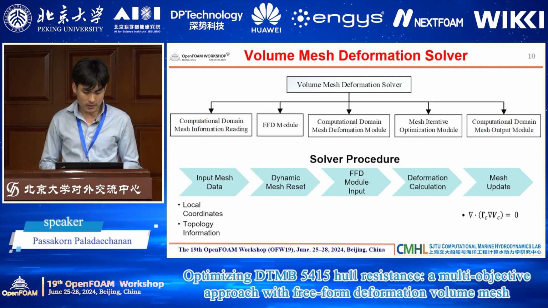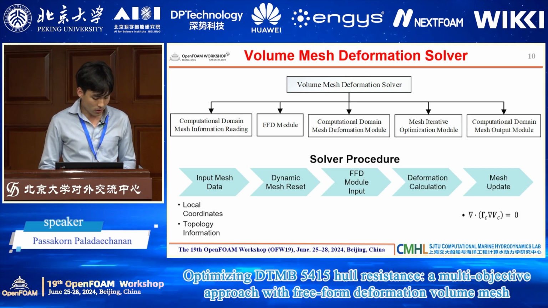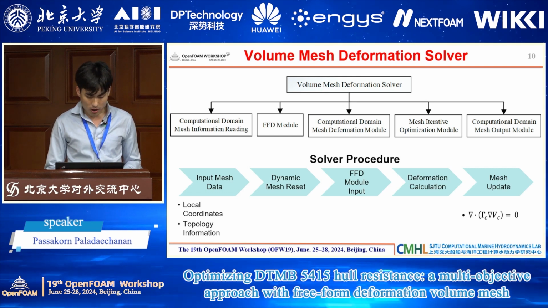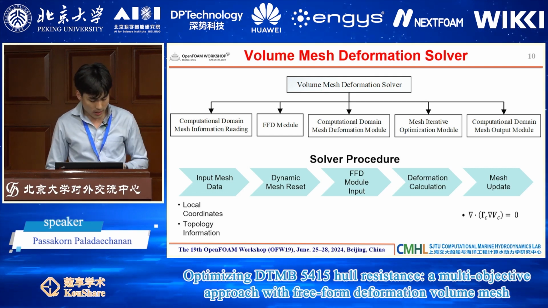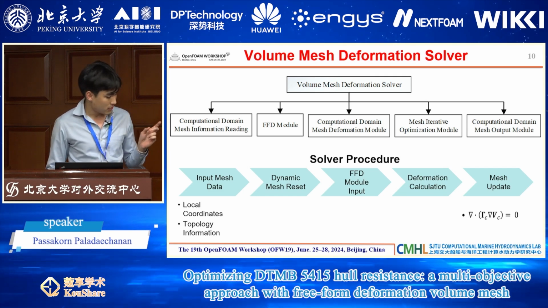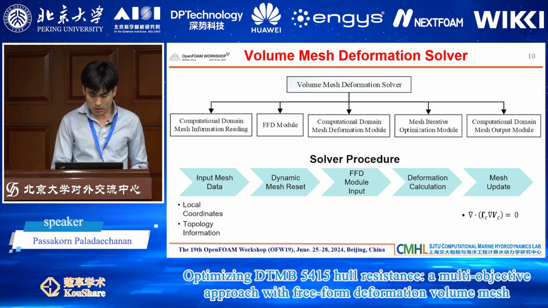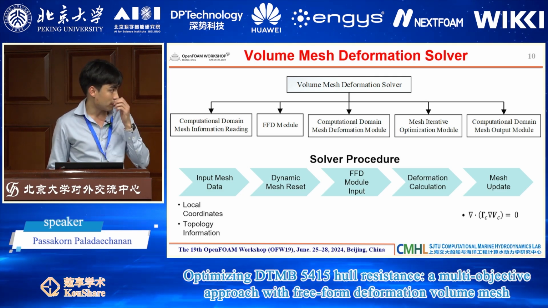After that, we update the mesh. Both the structure boundary and computational domain mesh are updated according to this formula, where gamma C represents the mesh deformation diffusion coefficient and VC represents the deformation vector field.